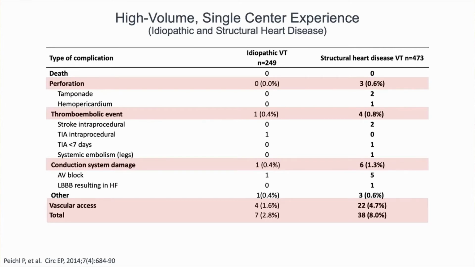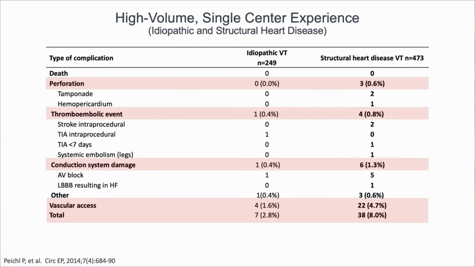Let's have a look at our high volume experience. The incidence of complication in idiopathic ventricular arrhythmia ablation is not fundamentally different from the complications in conventional ablations, shown in the left column. The right column shows ventricular tachycardia ablation in structural heart disease, in which overall incidence of complications was 8%, from which the most were vascular complications, 4.7%.